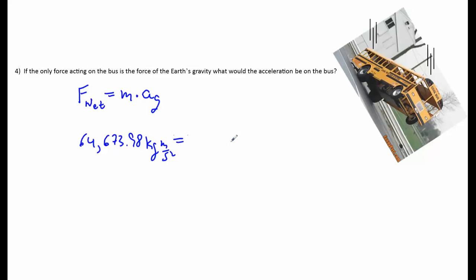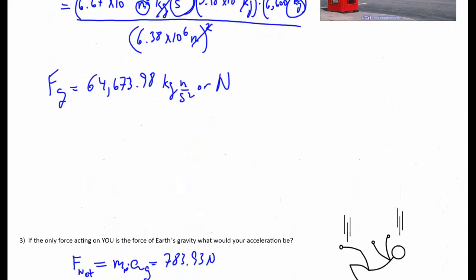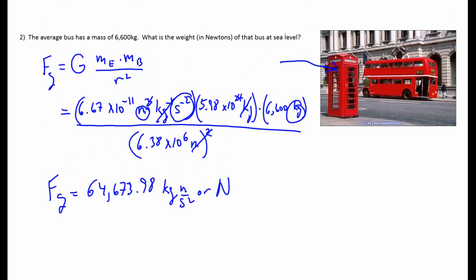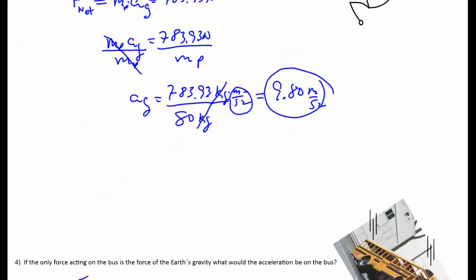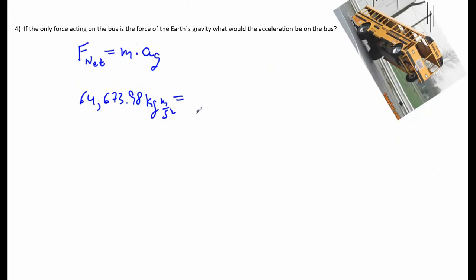Remember that for me. And that is equal to, was it 6,600? I think it was. 6,600 is equal to 6,600 kilograms times the acceleration due to gravity.